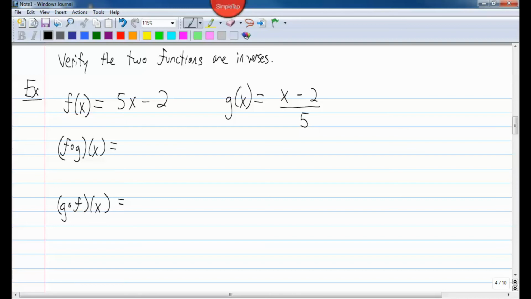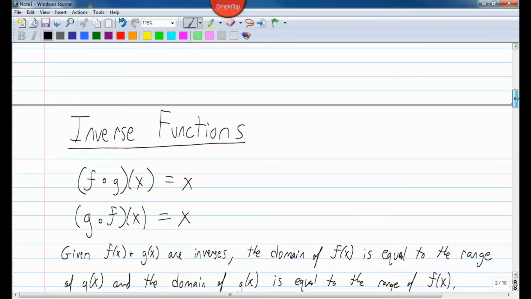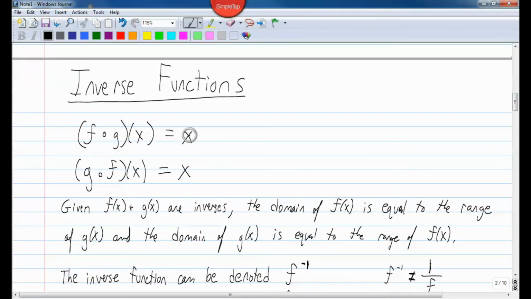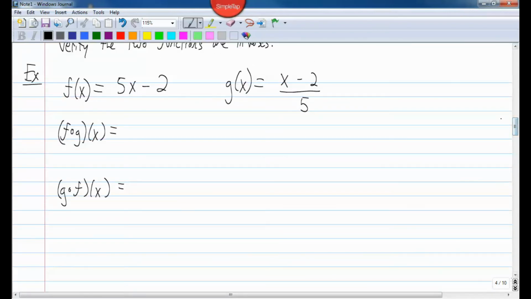What do those both have to be equal to for those to be inverses? What did we say earlier? They both have to just be equal to x. X to the first power. If when we find the composition of the two functions, either one is not just x to the first power, then they're not inverses of each other. Okay? So let's do that.